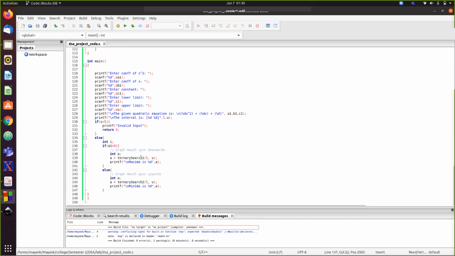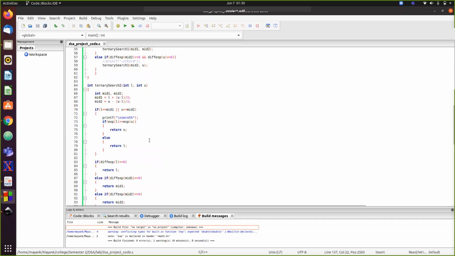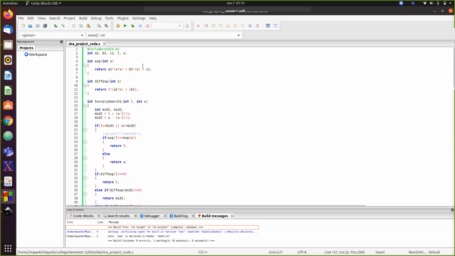Now, I have divided the algorithm into two parts, that is ternary search 1 and ternary search 2. Ternary search 1 is aiding us in finding the maxima, and ternary search 2 is helping us to find the minima. So here I have defined two other functions.